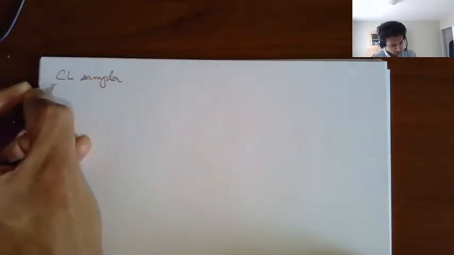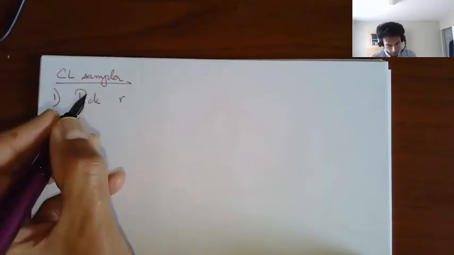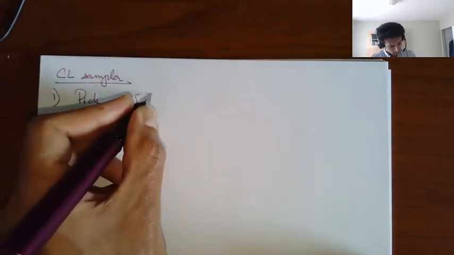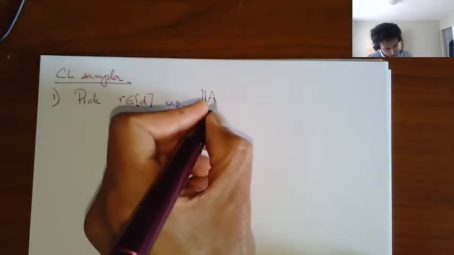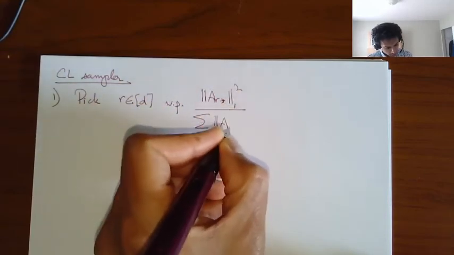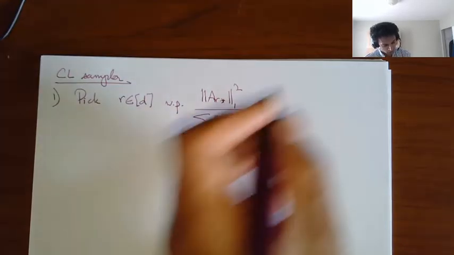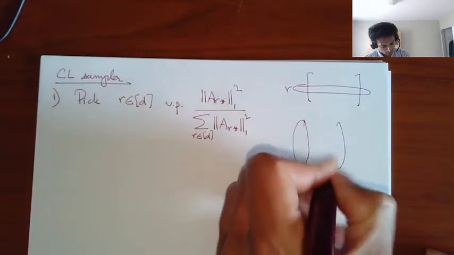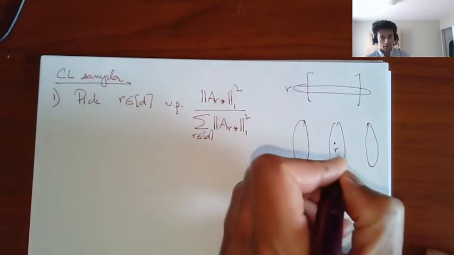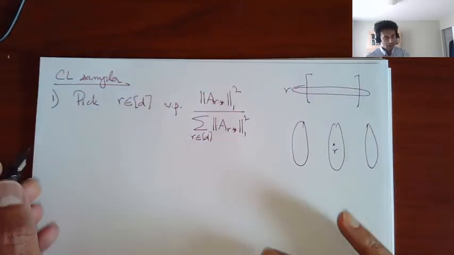So the CR sampler is: first I pick r in d with probability the A r star 1 norm squared, divided by the sum of A r star 1 norm squared over all r in d. That's the equivalent of picking a middle vertex in the tripartite graph, which is the same as picking a row.